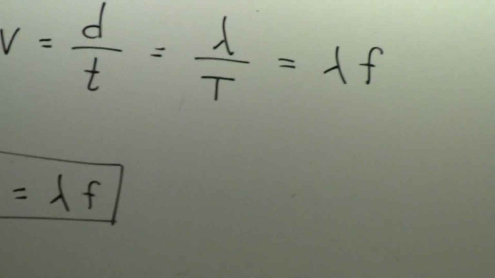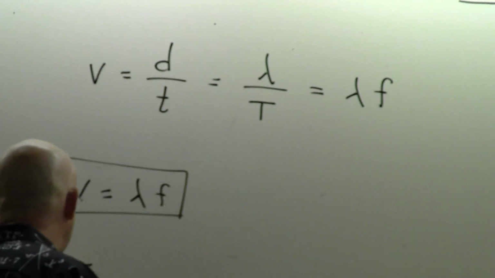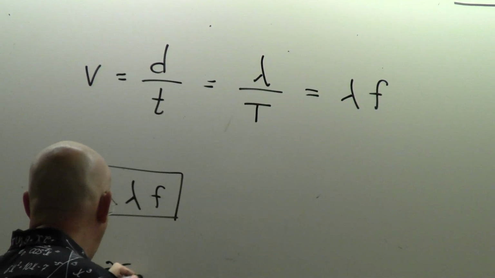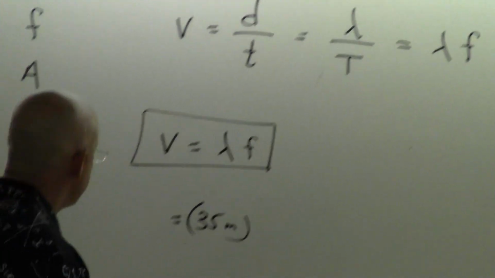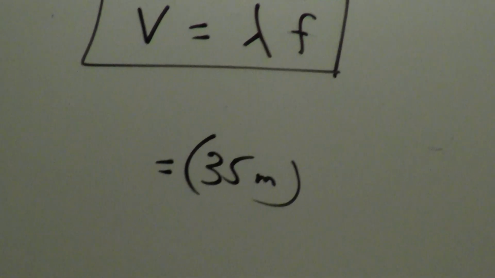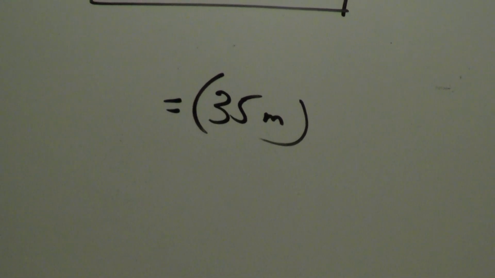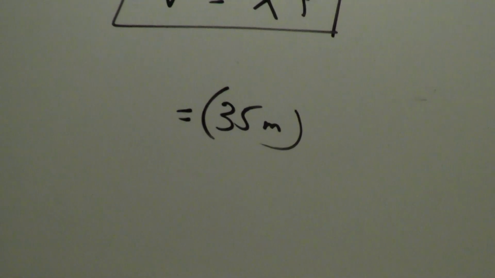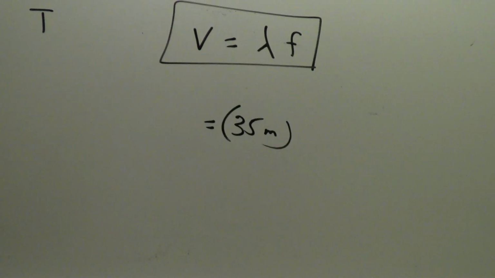Earlier on, I was saying that I was watching a show Sunday night, and they said the wavelength was 35 millimeters. Now, I made that comment because there's a couple of neat things I can calculate knowing the wavelength of these radio waves.